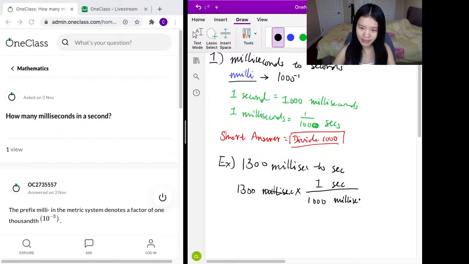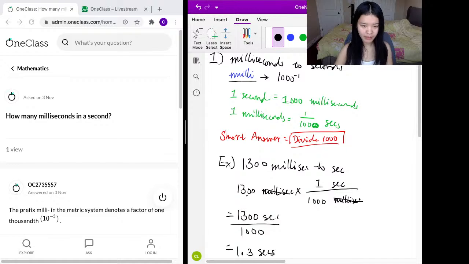Now the milliseconds cancel out, and you have 1,300 seconds over 1,000. So you know that it is 1.3 seconds. And that's how you convert from milliseconds to seconds.